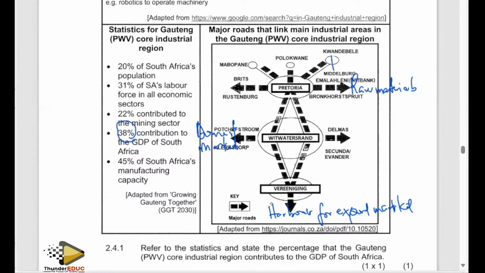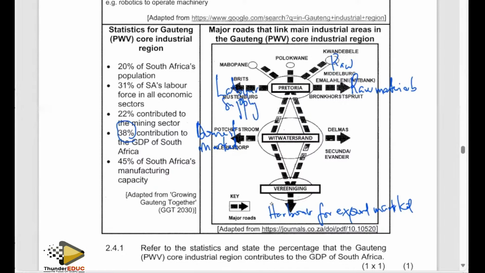And this one is also going to meet somewhere in the extreme northeast. You can also talk of raw materials coming from the other side, the side of Middelburg. Then around here, we can talk of these major routes coming to Rustenburg. We can link them to labor supply. The major routes facilitate labor supply.